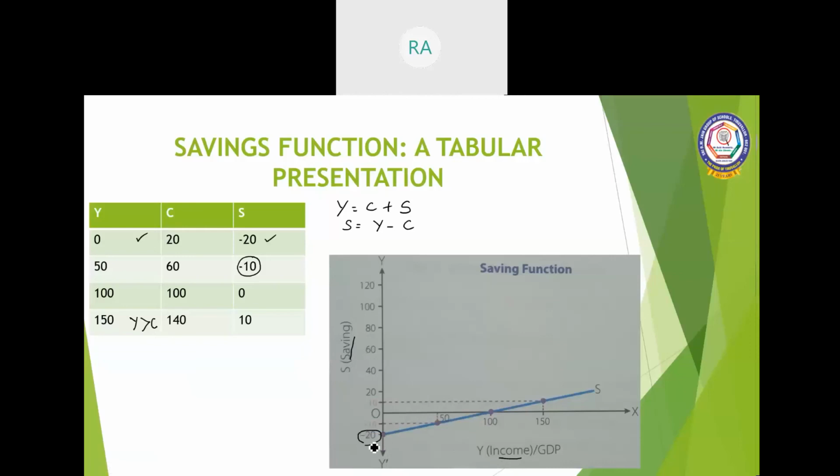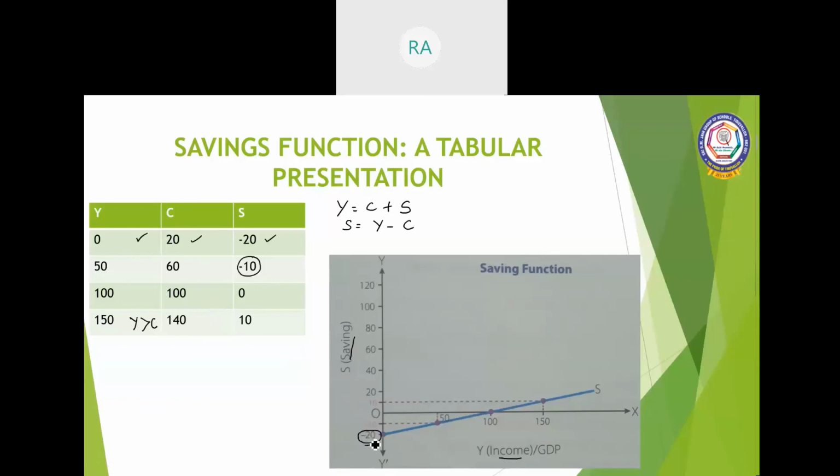This is the negative saving because consumption is 20 and the income is 0. At 0 level of income, the consumption expenditure is 20. You can see here in this tabular column, 0 level of income and the consumption expenditure is 20. So there is a negative saving of minus 20.